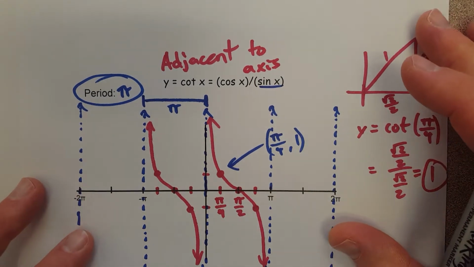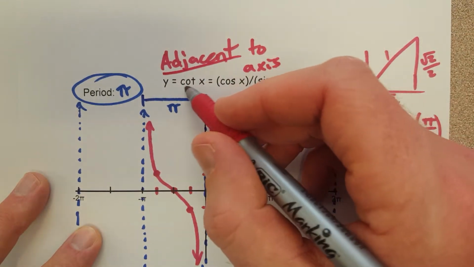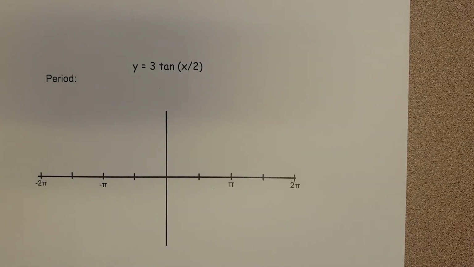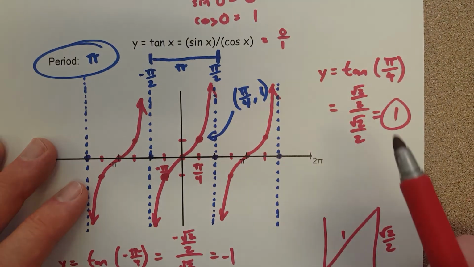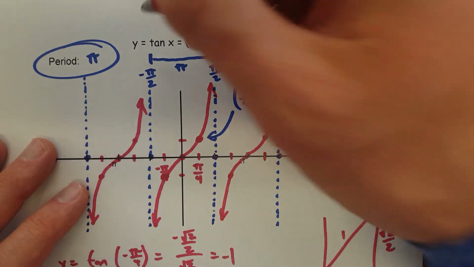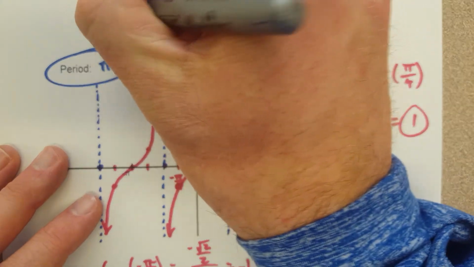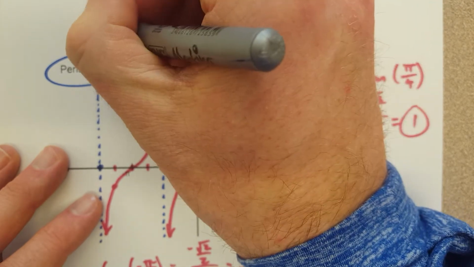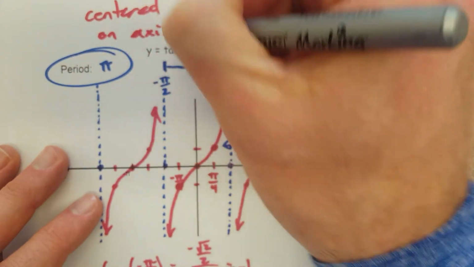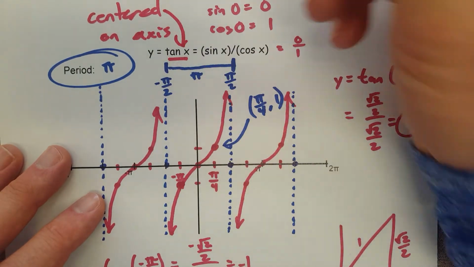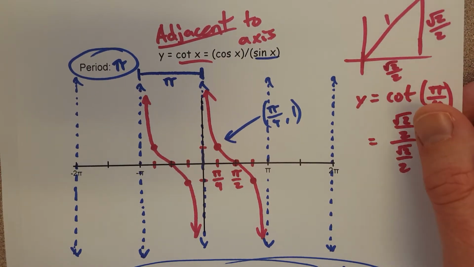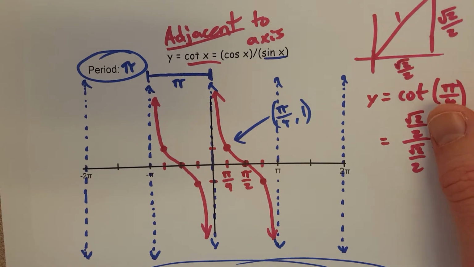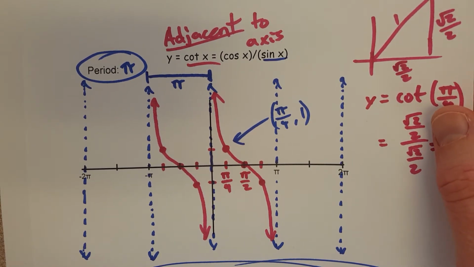For tangent, it's kind of right up the middle, and so I like to refer to this one as centered on the axis. So tangent is centered, and cotangent is adjacent to the axis. We're talking just mainly about where those vertical asymptotes exist.